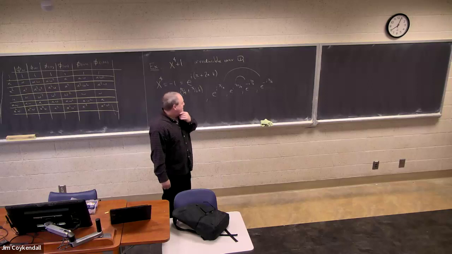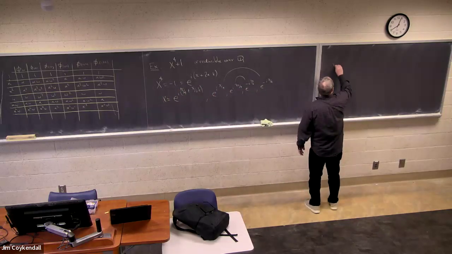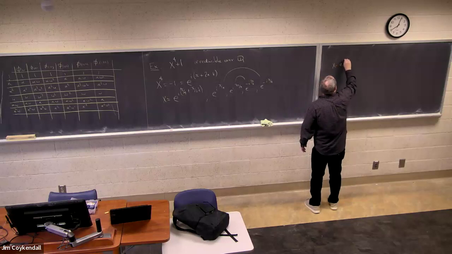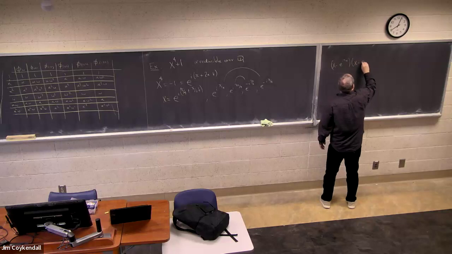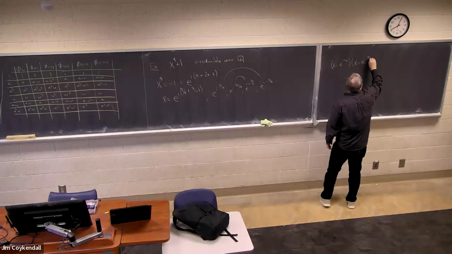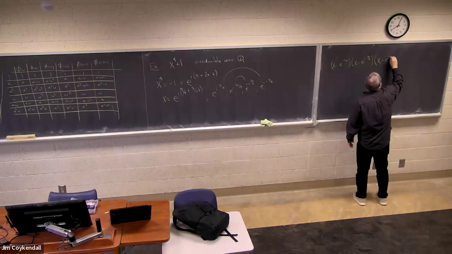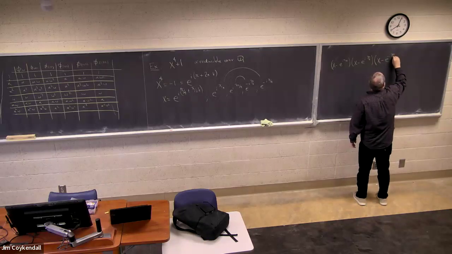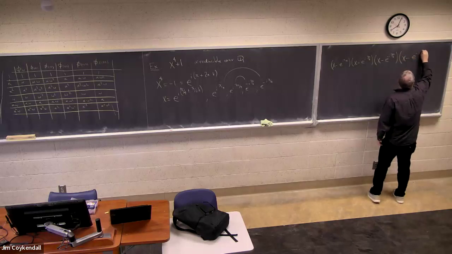All right. So this polynomial in the complex numbers is x minus e to the I pi over 4, x minus e to the I 3 pi over 4, x minus e to the I minus 3 pi over 4, and x minus e to the minus I pi over 4.